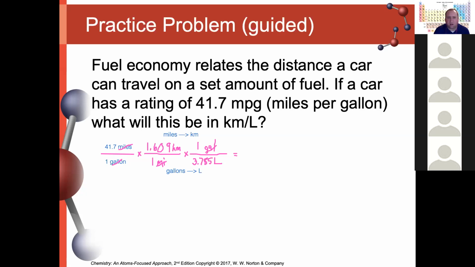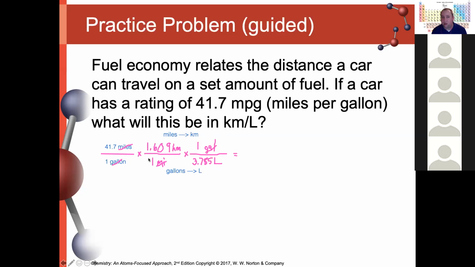It shouldn't. If we look at the units that we have, I have miles in the numerator, kilometers and gallons. I have gallons, miles, and liters. So I have kilometers that doesn't cancel. I have liters that doesn't cancel. Now, if I had flipped this one around, then I would have had kilometers and liters in the numerator, and gallons times gallons in the denominator.